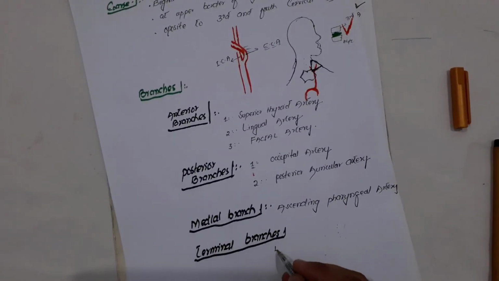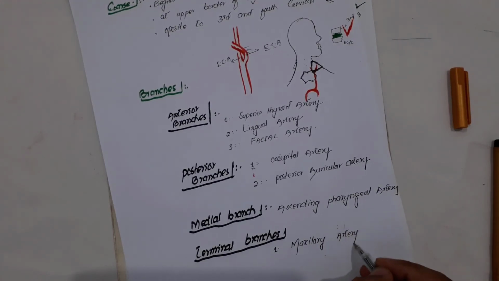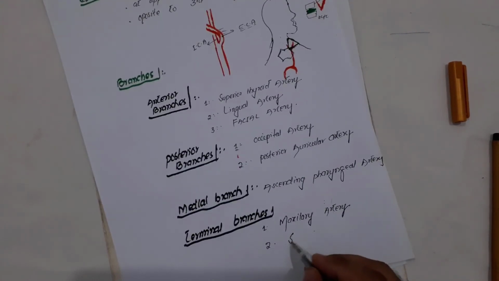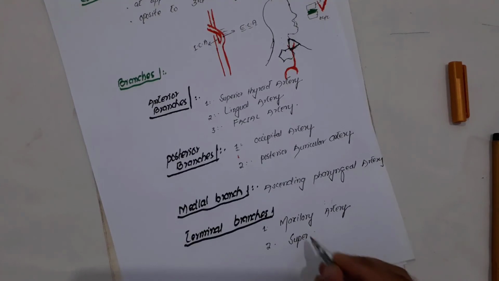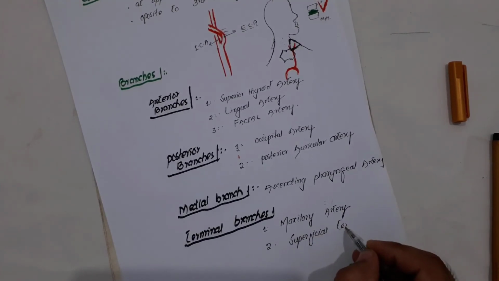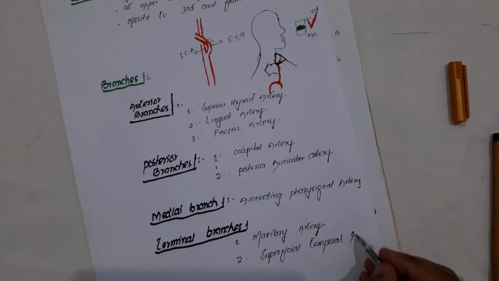There are two terminal branches, and these are the maxillary artery, and the second one is the superficial temporal artery.